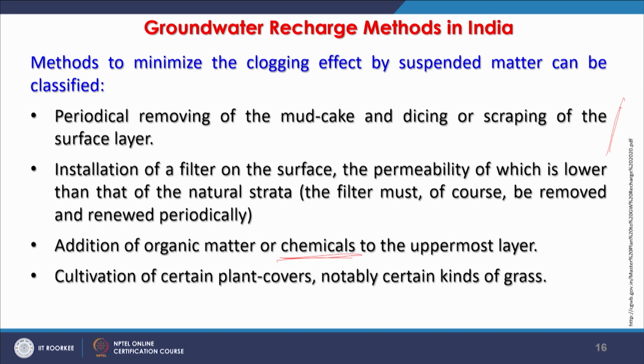Further, cultivation of certain plant covers, biological solutions, notably certain kinds of grass, can reduce the silt entering or clogging effect, and that may be utilized.